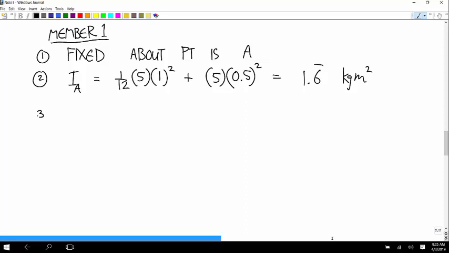And now free body diagram. There's a weight force acting at the center of mass. That's 5 times 9.81, so 49.05. The pin joint applies an unknown force vector. I'll call that RA.